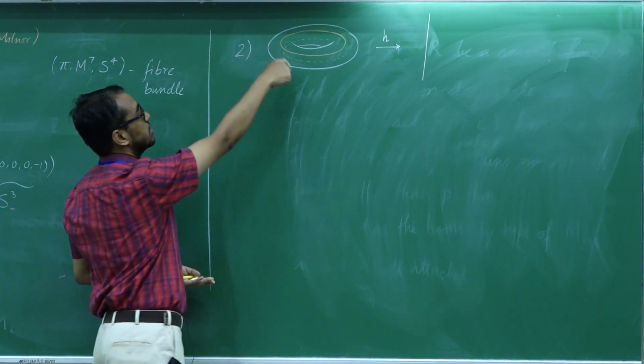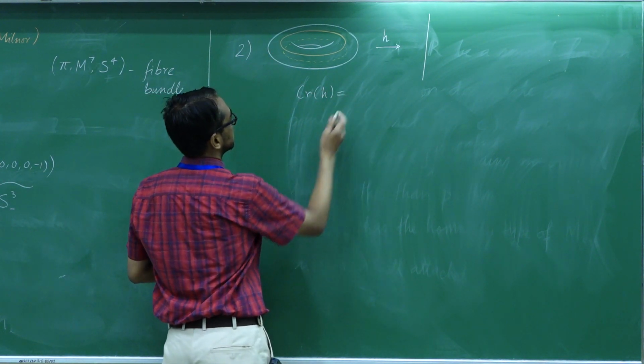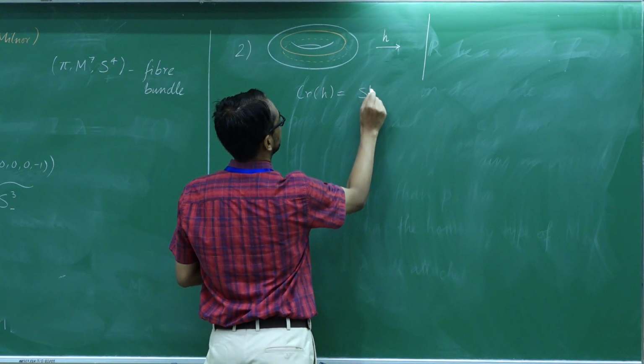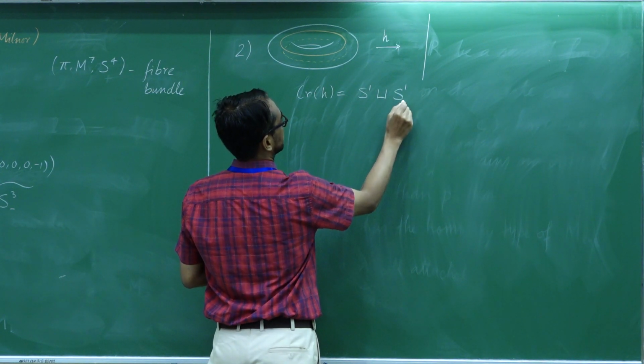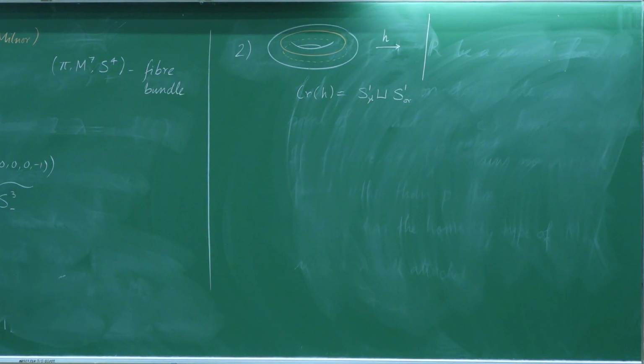You have two critical sets. So Crit H is the disjoint union of this one, the orange circle, and the yellow one. And this again is also not a Morse function, but a nice function.